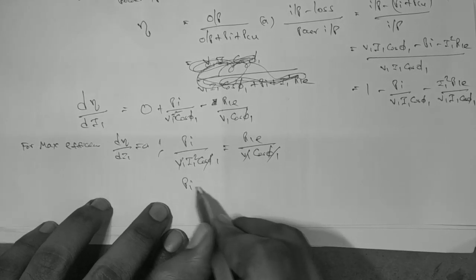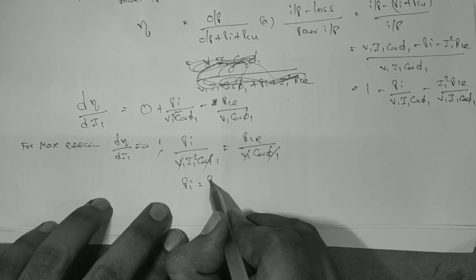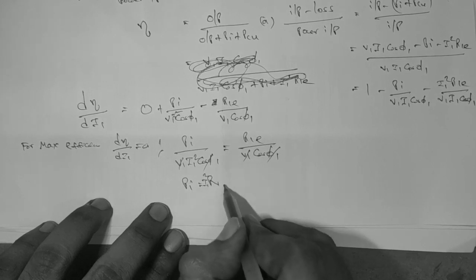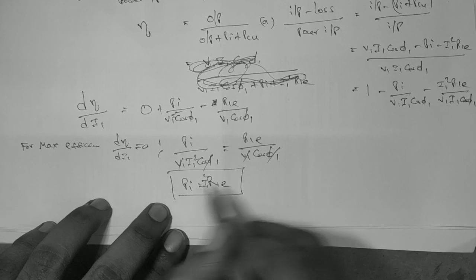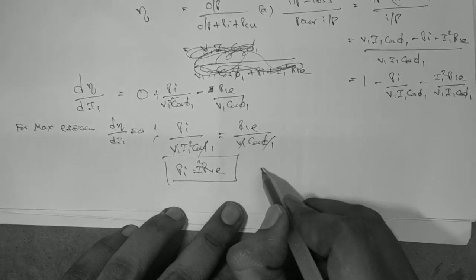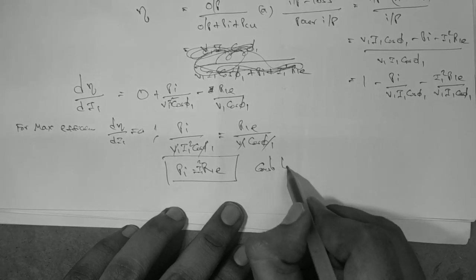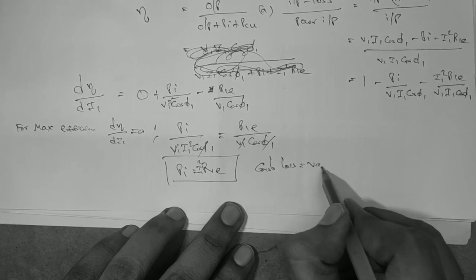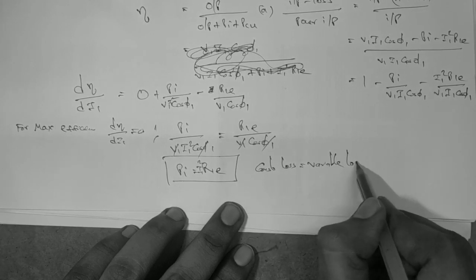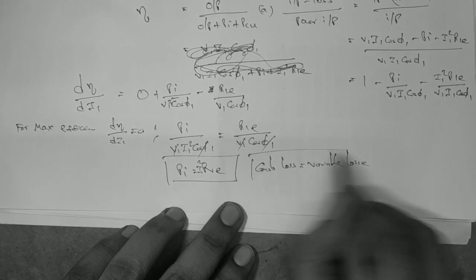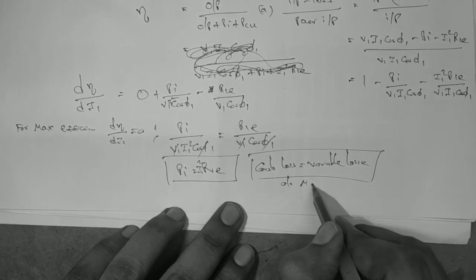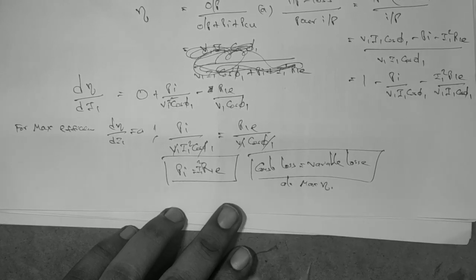Finally Pi equals I1 square R1E, which is nothing but the total copper losses. So the condition for maximum efficiency is that constant losses equal variable losses, or iron losses equal copper losses at maximum efficiency. This is a very important condition.